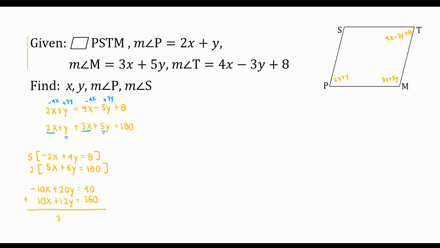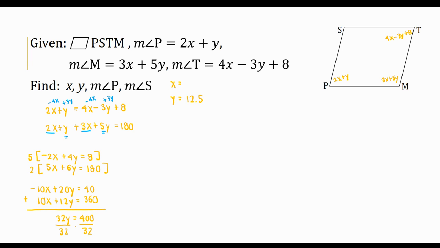The y's are going to add up to 32y, and then this is going to add up to 400. So then I'm going to divide both sides by 32. And so when I divide by 32, I get one of my answers because I want to find x, I want to find y, and then I want to find the measure of my 2 angles. Well, y looks like it's going to be 12.5.